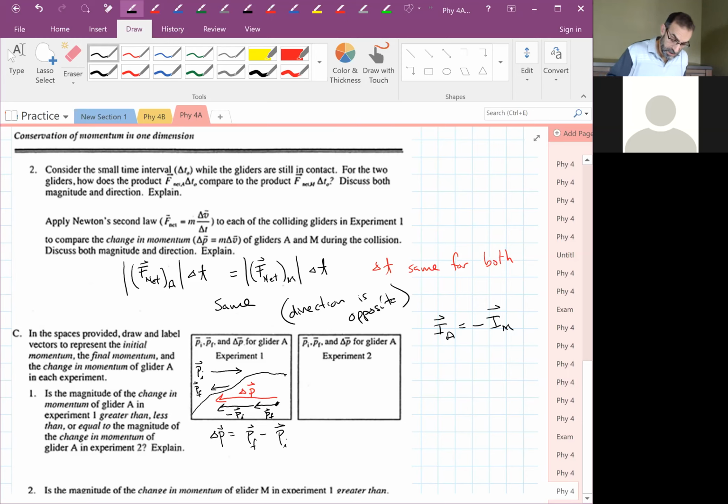For experiment 2, P initial is the exact same. Both times the cart comes in with the exact same momentum. But the final, what's the final? 0. It comes to rest.